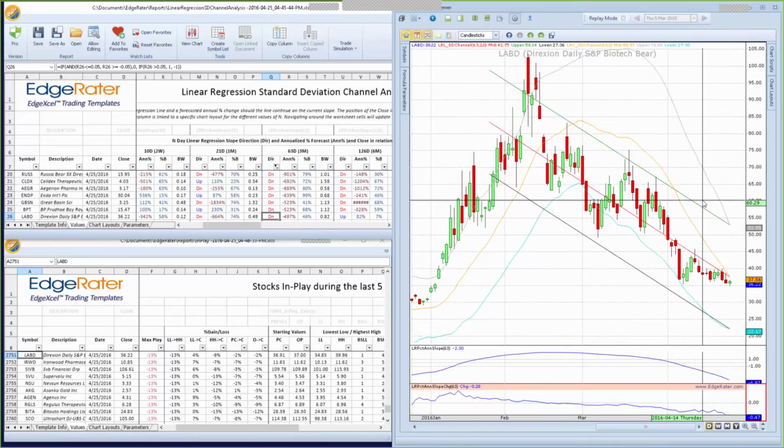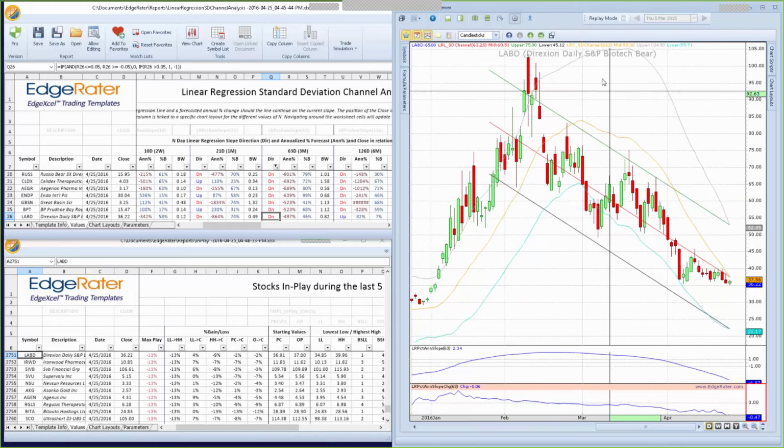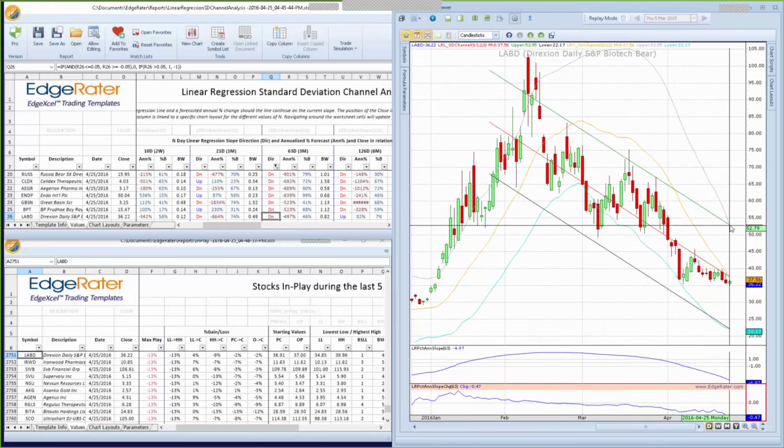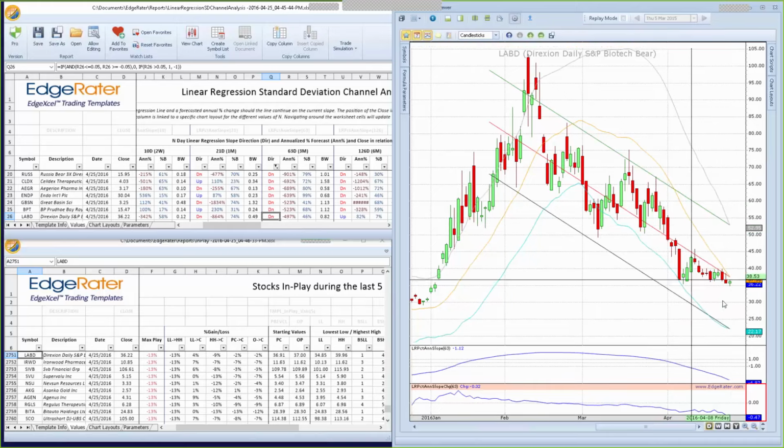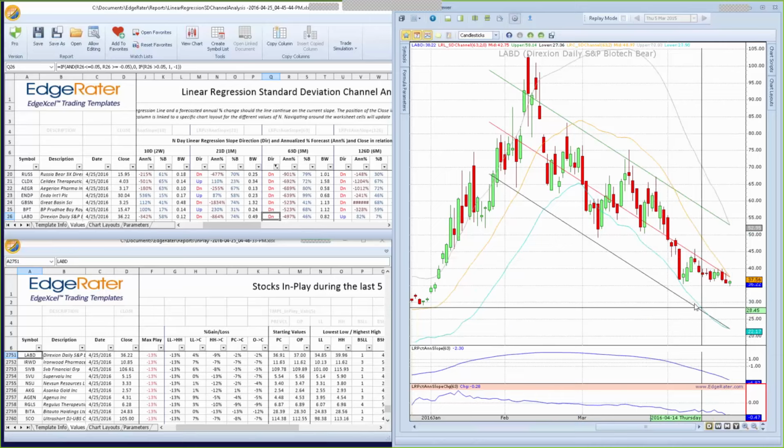The other thing to notice on this chart are these other lines, and they are actually the endpoints of the linear regression at the various bars of history. So these lines should always end up at the endpoint of the current linear regression channel. But you can see where the endpoints used to be.